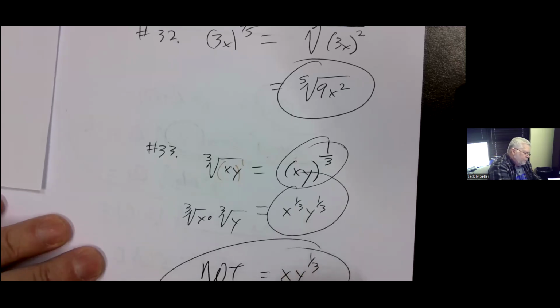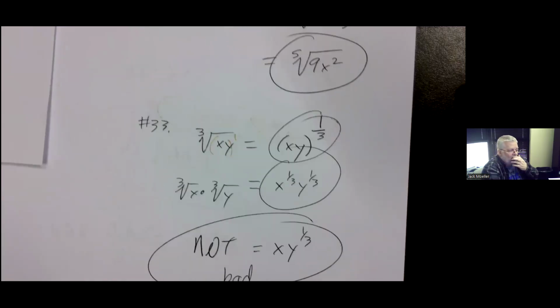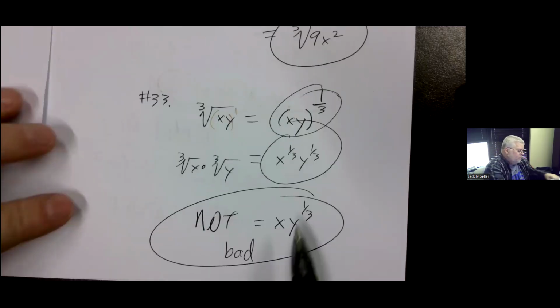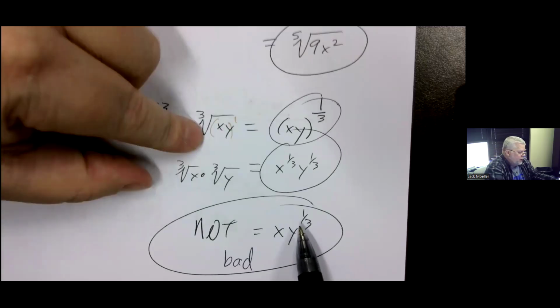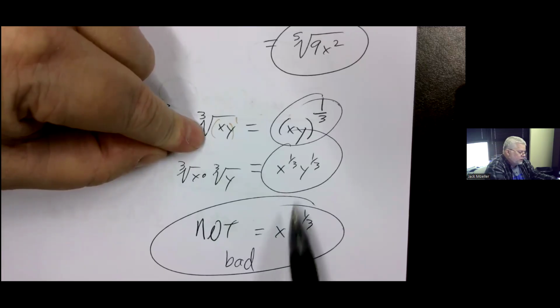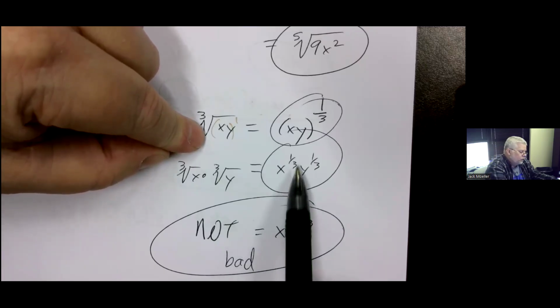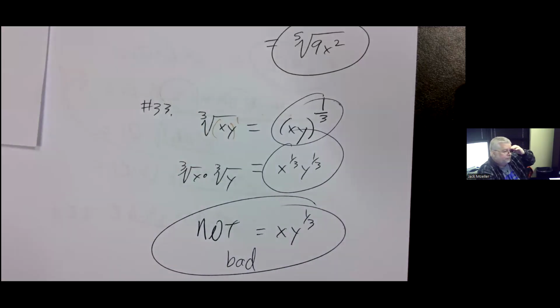That would be bad. And why is that bad? Because there is no parentheses. So that's telling you that only y is getting the 1/3 power. But the x is inside the radical, that x also needs a 1/3 power, whether you do it separately or you do it in parentheses.